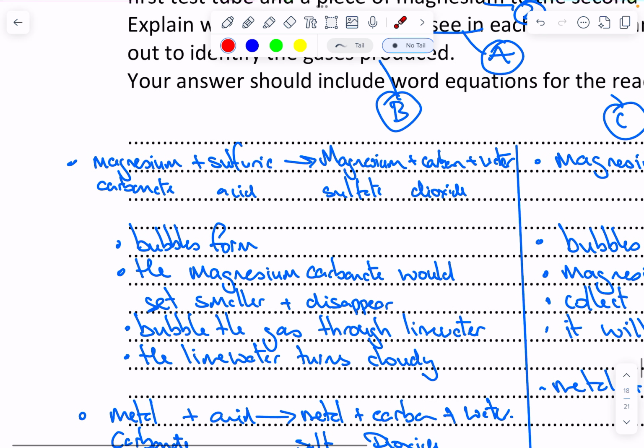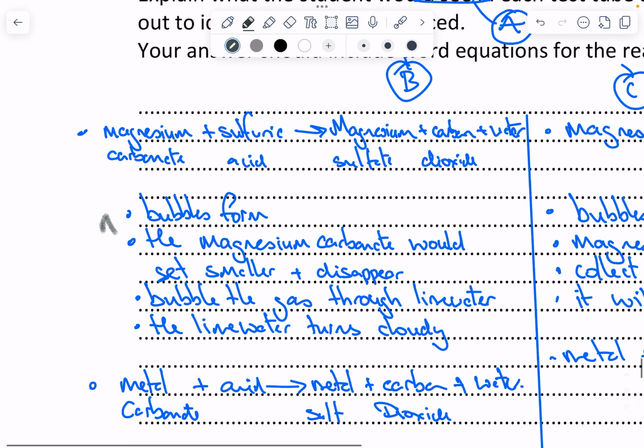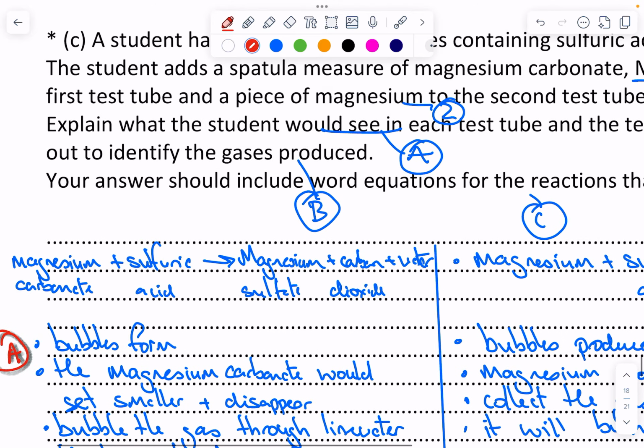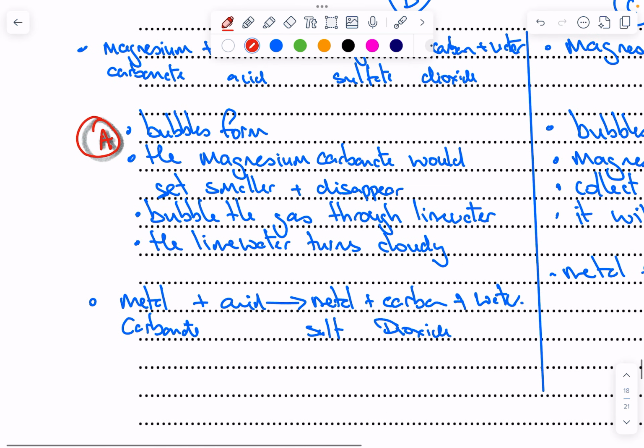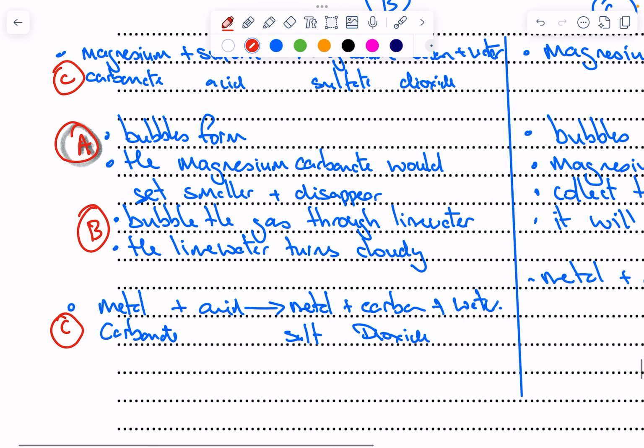So just so you can see, we said describe what you would see, so we've got the bits we are going to see. It then wanted us to identify the gases. We've identified the gases and put the equations in. So we've got all three parts to that one section.